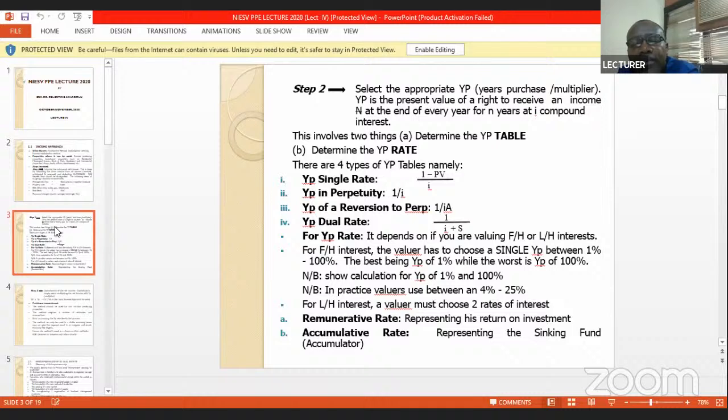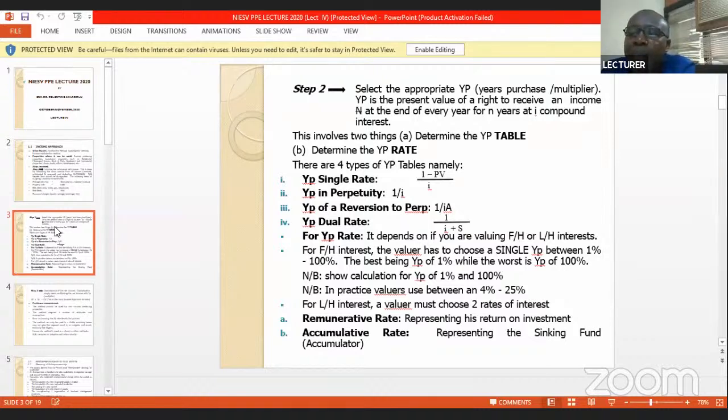You will notice that whenever a tenant pays to the landlord a rent that is full rental value, I repeat, whenever a tenant pays a rent to the landlord and that rent is full rental value, you must value that full rental value with YP in perpetuity.